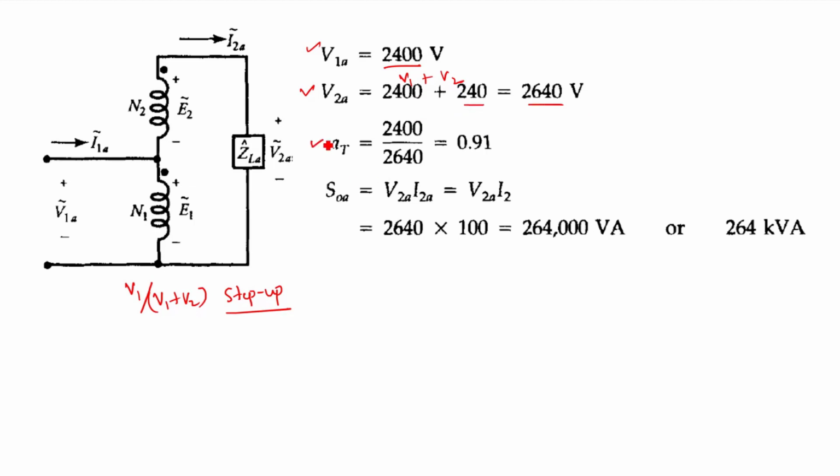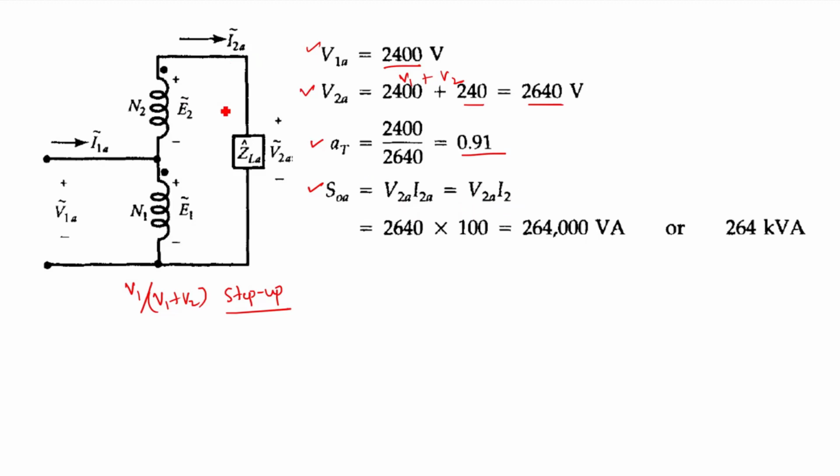Now the transformation ratio will be 2400 by 2640, which gives me 0.91. Now the output of the autotransformer will be V2A into I2A, that is equal to V2A into I2.